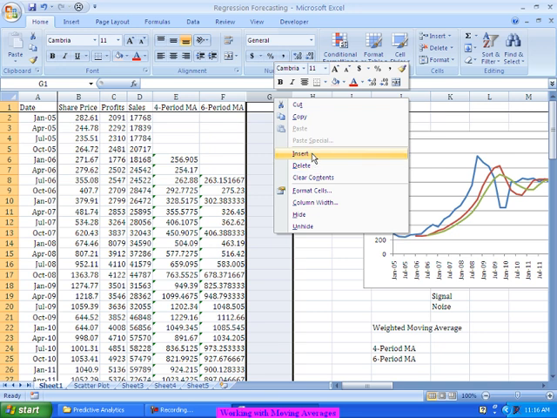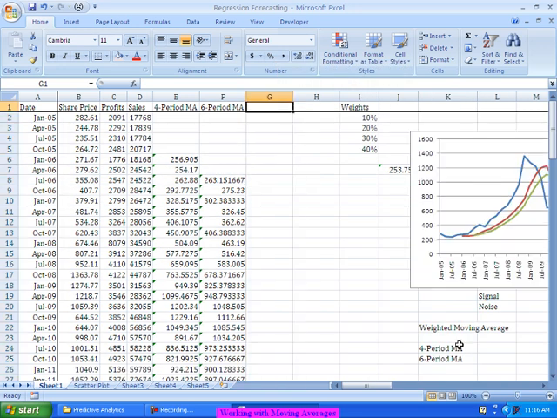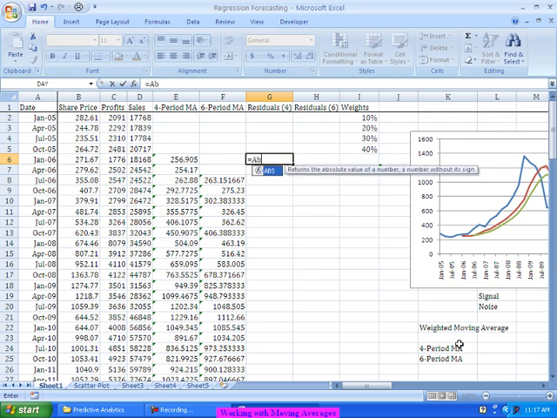So I'll take the residuals with respect to 4 period and residuals with respect to 6 period. Alright, so let's look at the residuals with respect to 4, and as I said, I'll take only the absolute value.